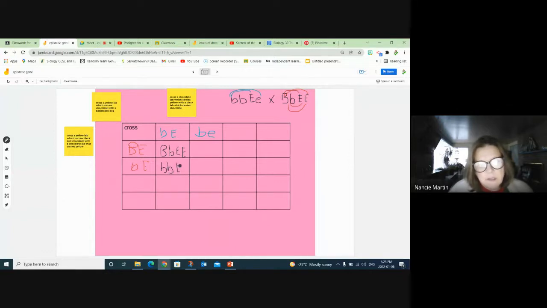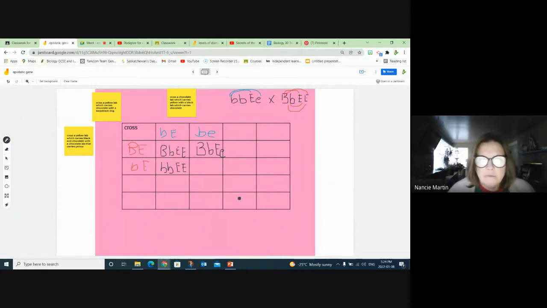And that's going to be a straight on chocolate lab. Woohoo, chocolate lab. And this one here, we've got a big B and a little b. So we've got a black lab carrying chocolate, and we've got a big E and a little e. So we have a black lab that carries both chocolate and yellow, but it'll be a black lab.